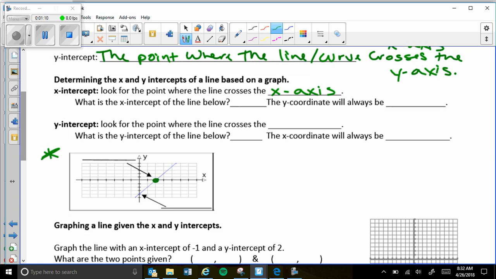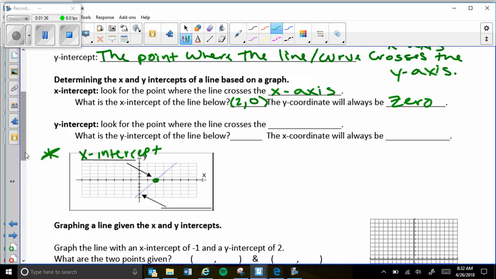Crosses it right here, which makes this the x-intercept. And that point, it's an ordered pair. What's the x value? 2. What's the y value? Because we didn't go up or down, it's 0. The y-coordinate for an x-intercept will always be 0.